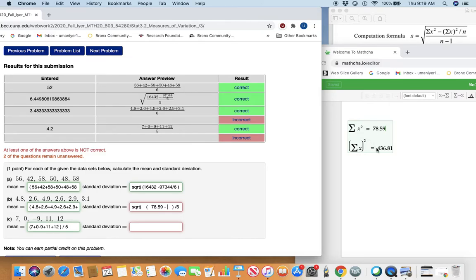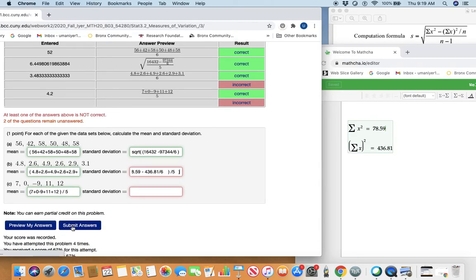Summation x, then power 2. That is 436.81 over n. N was, remember, 6 of those guys. That completes the numerator and the square root.